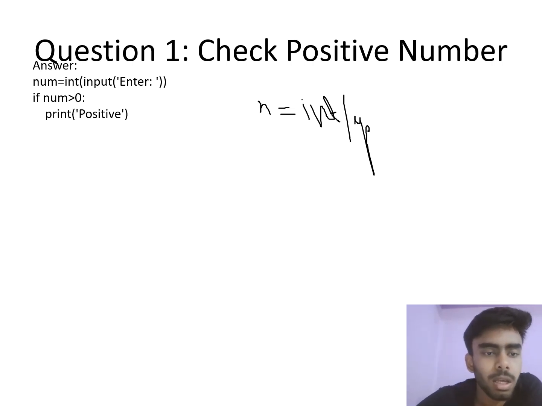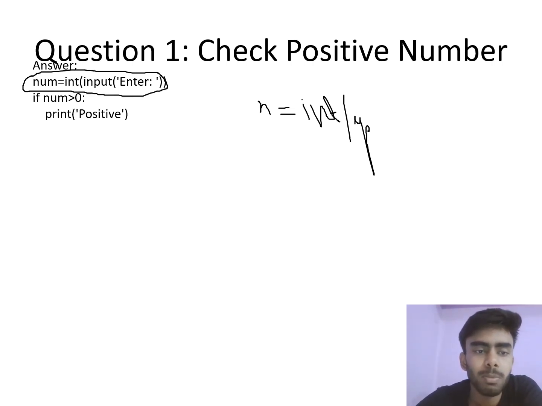Here we just write num, and take input from the user. If you want to take input as an integer, you have to write this one. After that, put if number is greater than 0, print positive. Give this indentation also, and this space after if you are applying if.